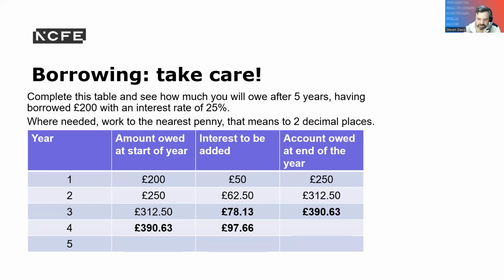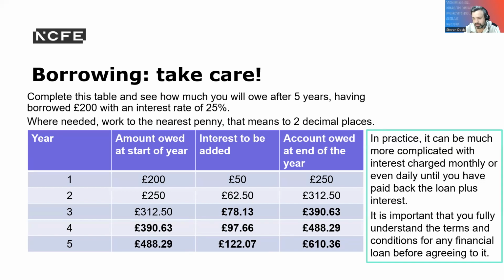We then add those two together. That gives us 488. We bring that forward and we do 25% of that. So 2 lots of 10 and a 5 is 122. Add that together. So that becomes £610. So you can see just from borrowing £200, you could potentially be paying back all of that. Now, loans generally, their rates are much higher than that anyway. So it's going to be a lot higher.